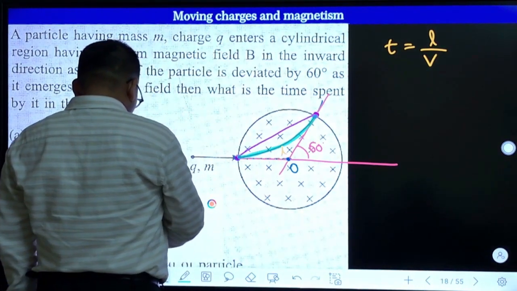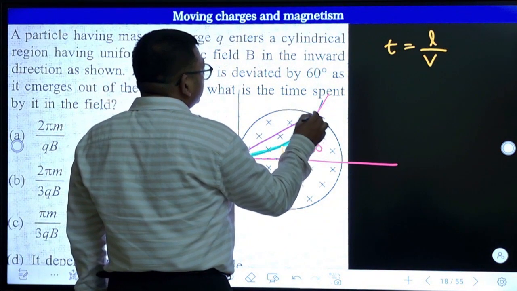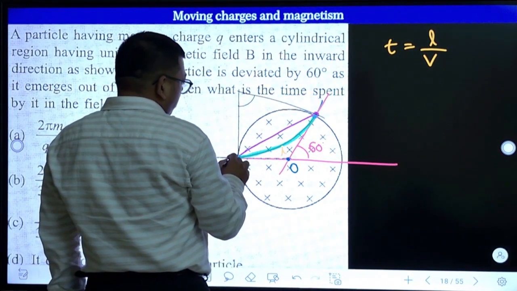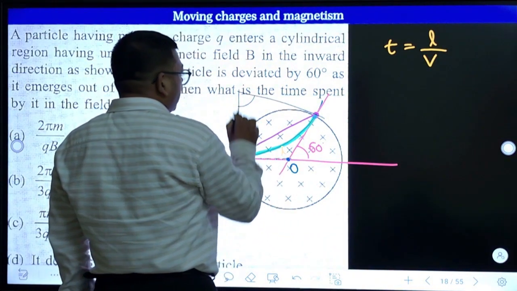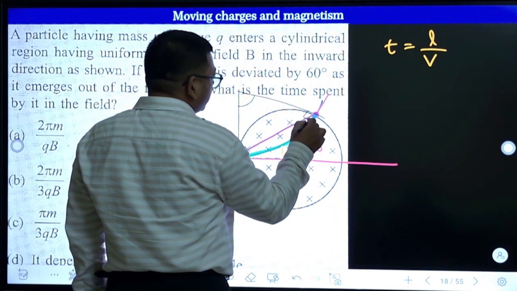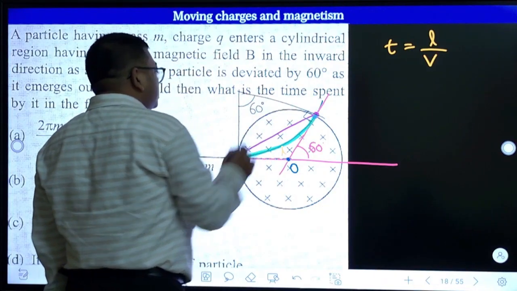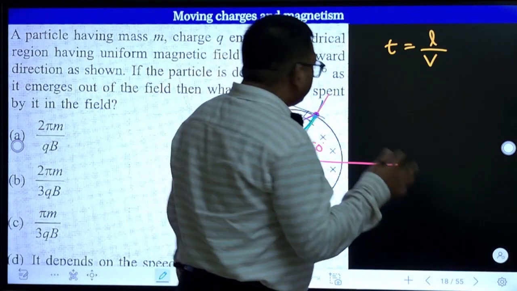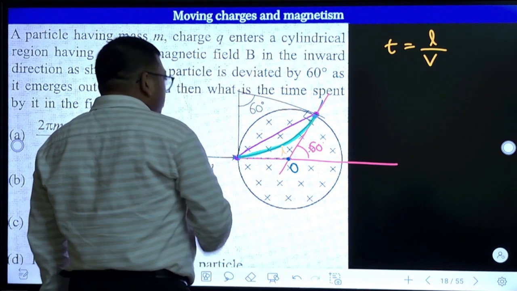If you join here like this, and think about this angle, it is perpendicular here, right? If I consider this as perpendicular, then this is also 60 degrees. If I consider this angle 60 degrees, that means it has rotated 60 degrees.